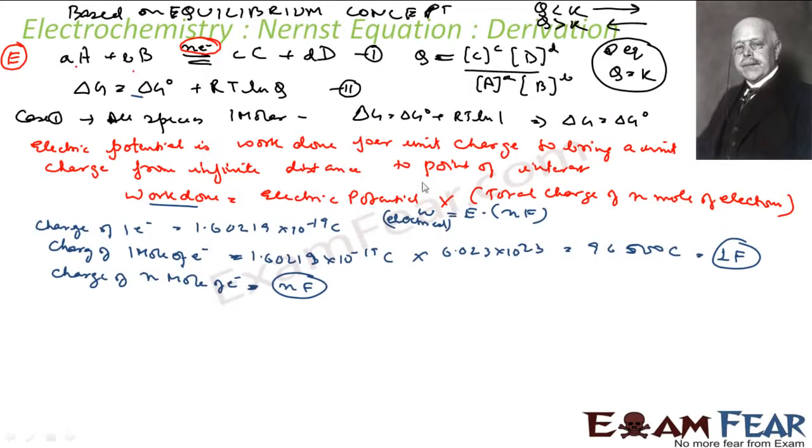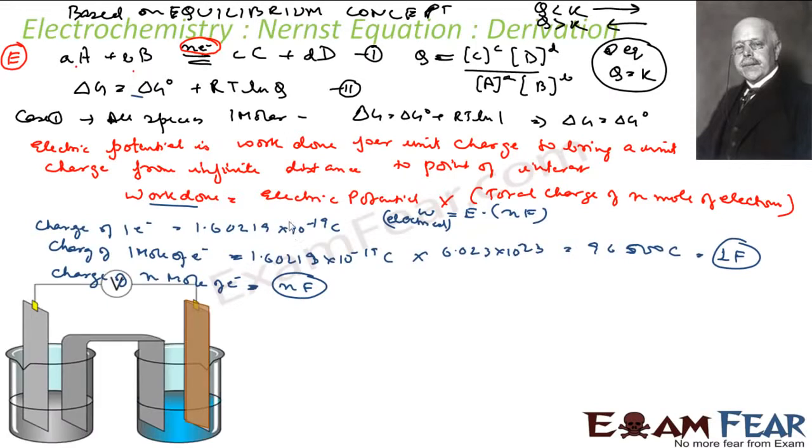But in this chemical reaction, in this cell, we have only electrical work done. There is no mechanical work done, correct? Because the pressure and temperature are constant, right? So net work done is nothing but electrical work done.